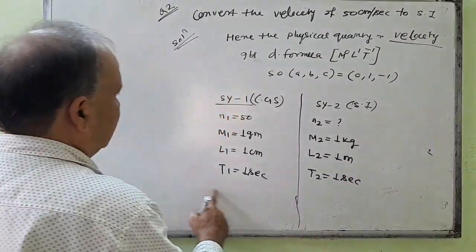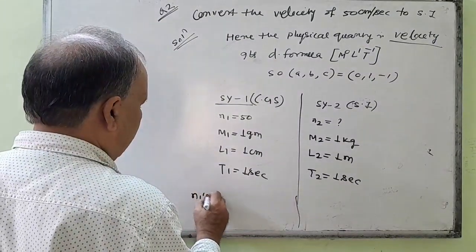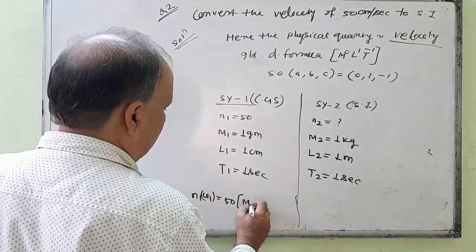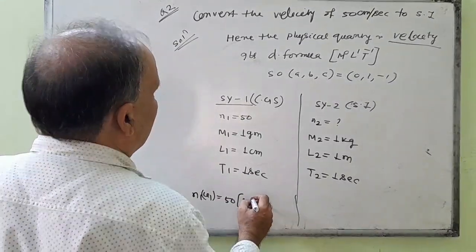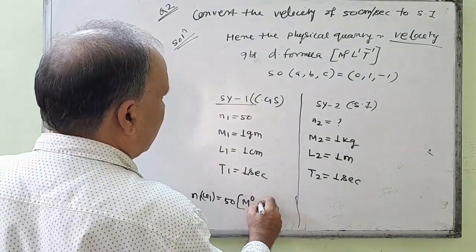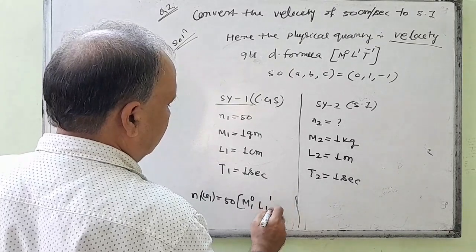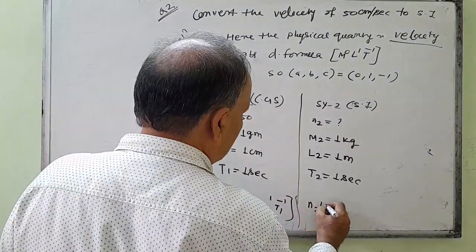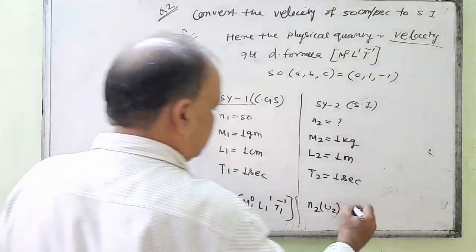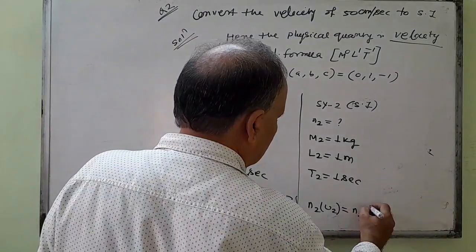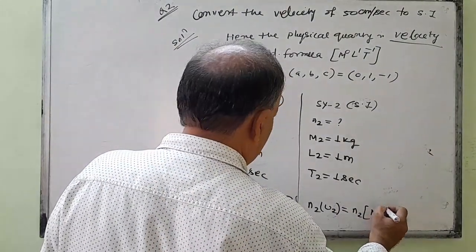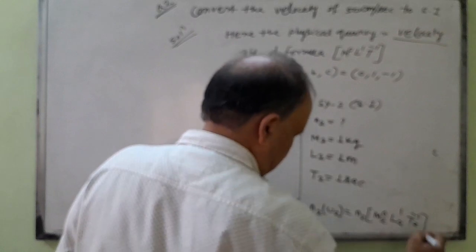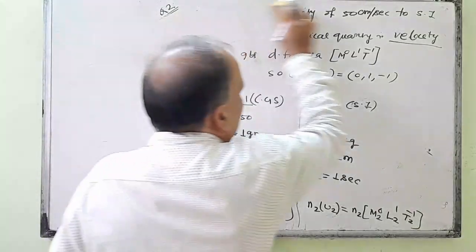So, the physical quantity in system 1, N1 U1, that is your 50, your M1 to the power what? 0, L1 to the power 1, T1 to the power minus 1, and here N2 U2, we have to find N2 into M2 to the power 0, L2 to the power 1, T2 to the power minus 1. Or you apply direct formula.